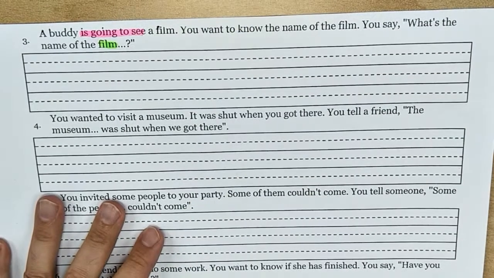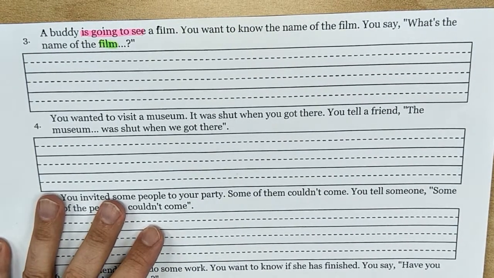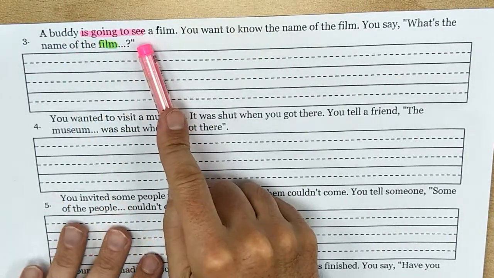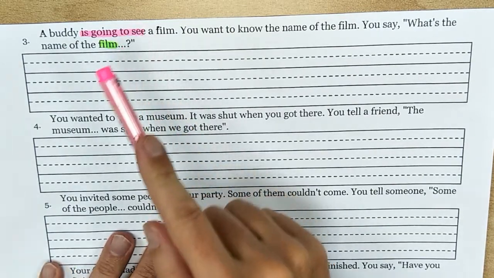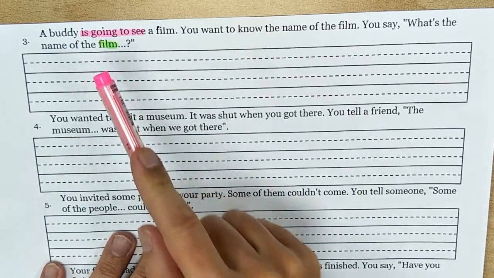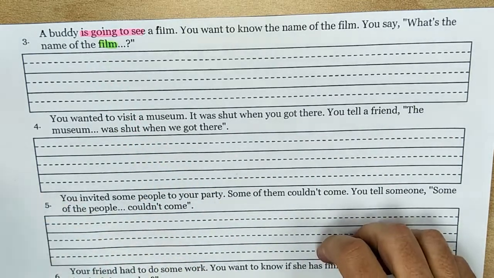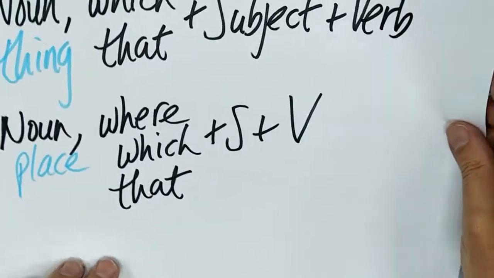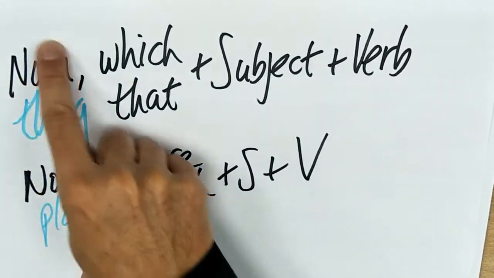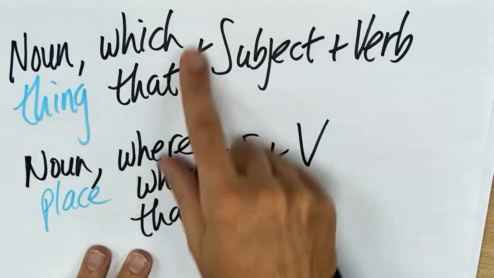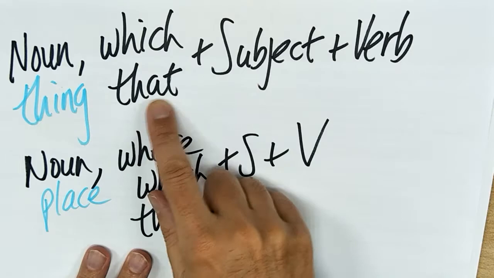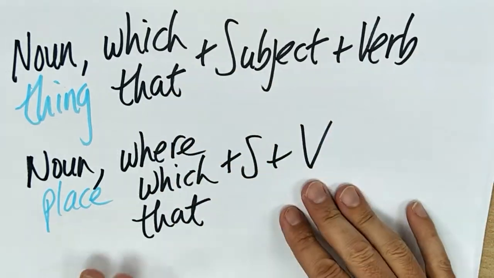So we're going to use a buddy is going to see a film. We're going to use this sentence to make an adjective clause describing the film. Very easy. A film is a noun. That's a thing. We can use which or that plus a subject plus a verb.